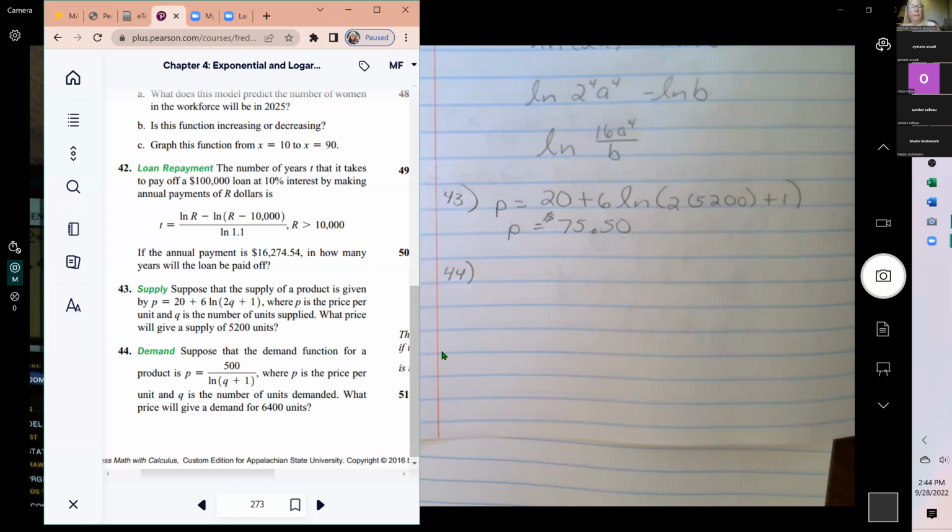Suppose that the demand function for a product P is 500 divided by the natural log of Q plus 1. Excuse me. Where P is the price of the unit and Q is the number of units demanded.